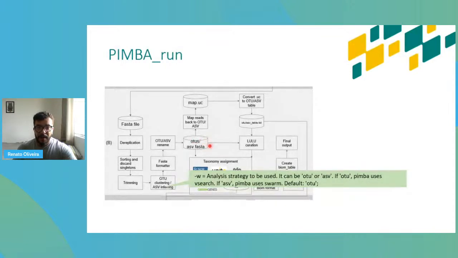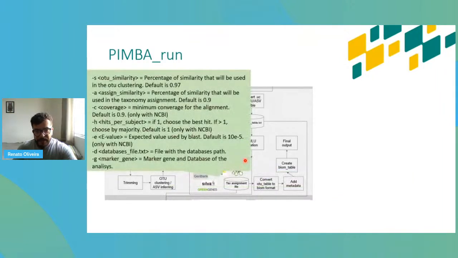And with this FASTA file, we can perform some taxonomic assignment. And to perform this taxonomic assignment, if you are using OTU, you need to define the OTU similarity, the clustering similarity, the assignment similarity. If you are working with the GenBank database, you need to define the coverage of the BLAST hit. And this hit per subject is an interesting functionality of PIMBA, because if you set this as value 1, PIMBA will return the best hit from BLAST.